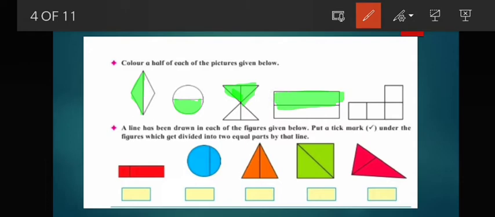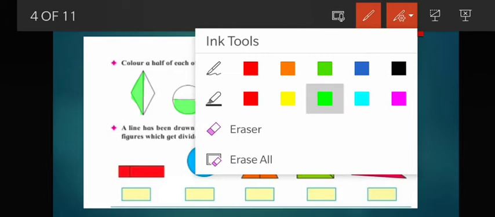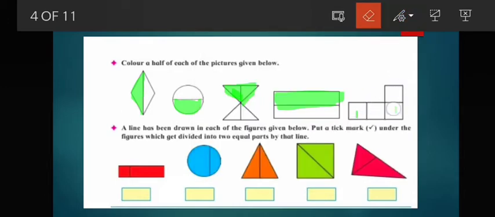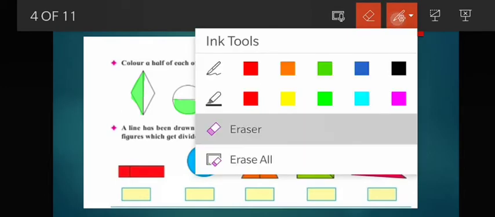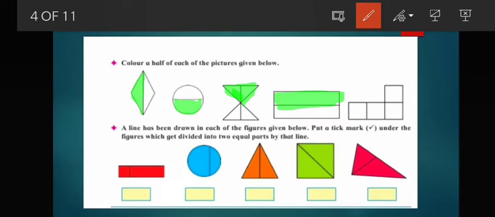See, how many parts are there? 1, 2, 3, 4. There are 4 parts, right? How many parts are there, children? There are 4 parts. So we will color two parts, 1 and 2. Right, children?